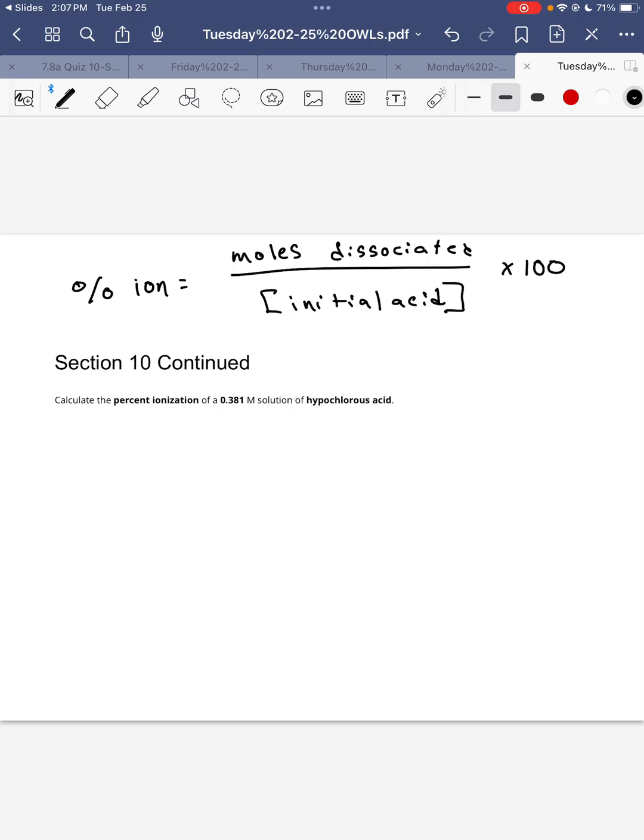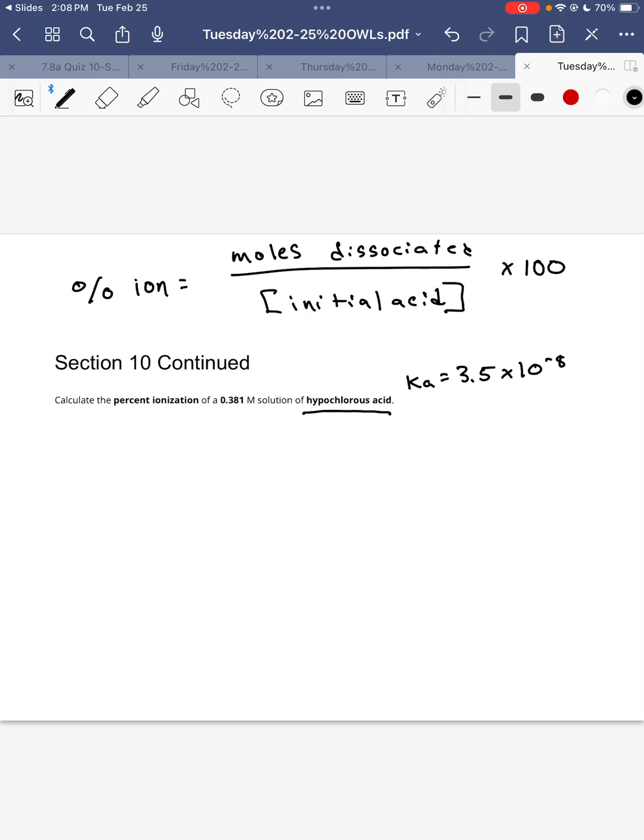So this time we're calculating percent ionization, and we already have a Ka value for hypochlorous acid, which is 3.5 times 10 to the negative eighth. We already have some other information, so let's see how far we can get.